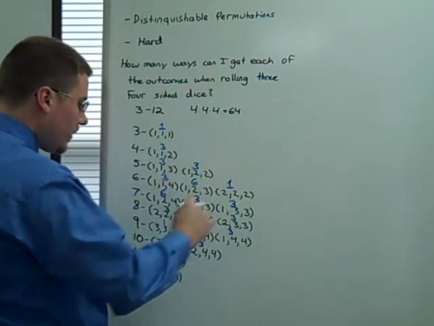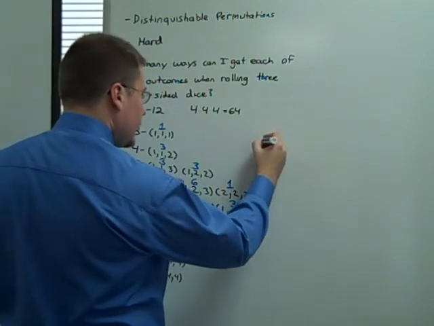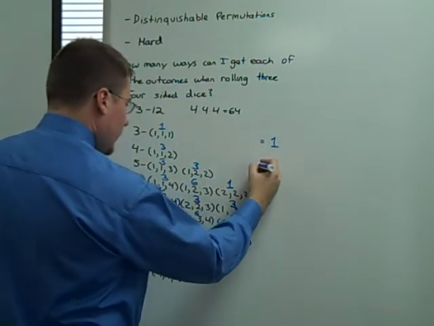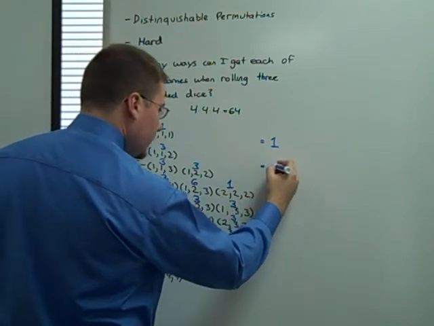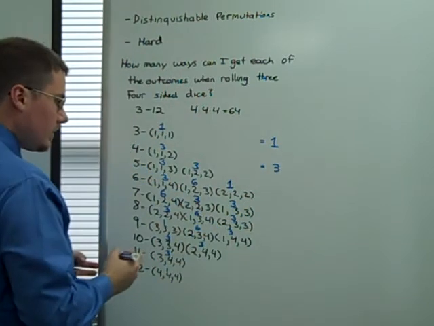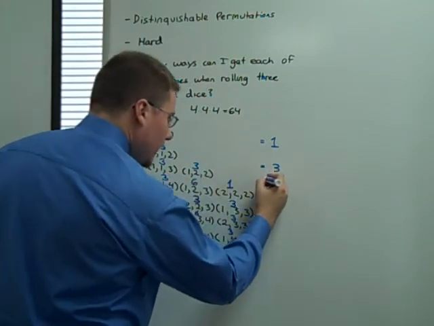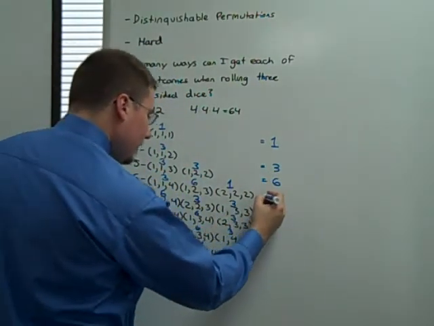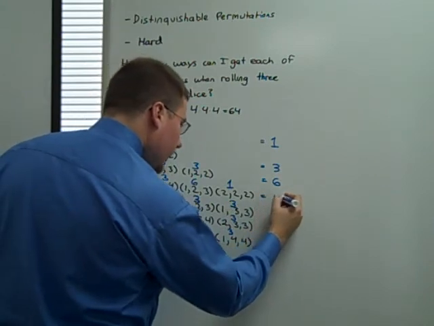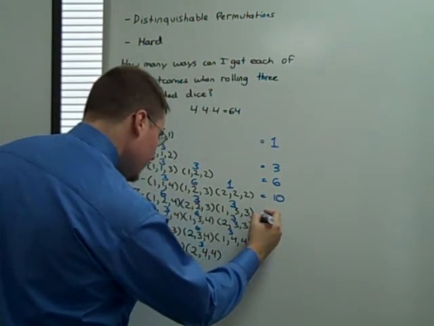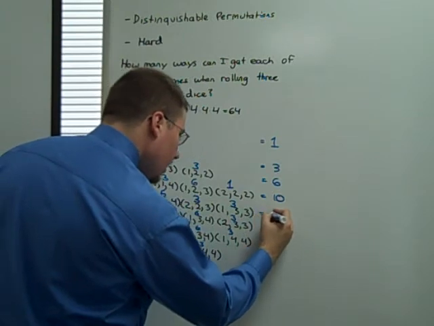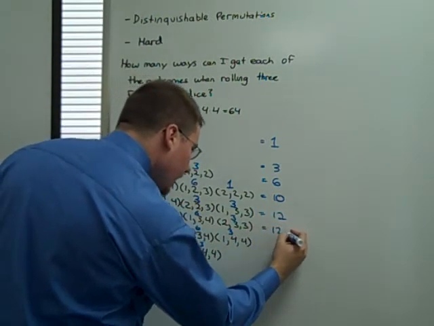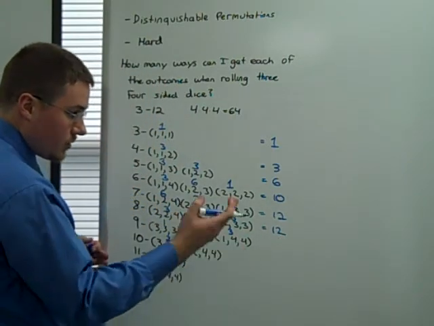So if I add all of the things in blue up, I should get, there's only one possible way to get a 3. There are 3 possible ways to get a 4. There are 6 possible ways to get a 5. Then 10 for a 6, 12 for a 7, 12 for an 8, symmetry.